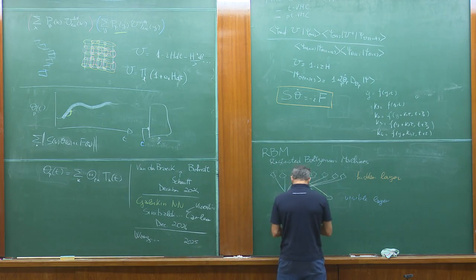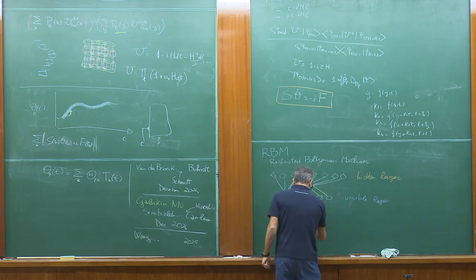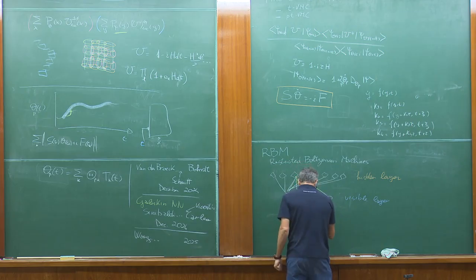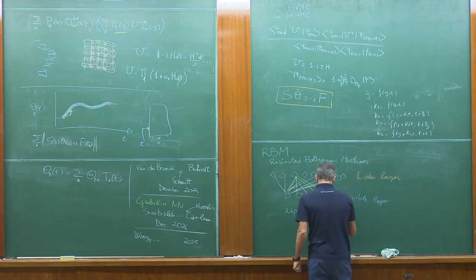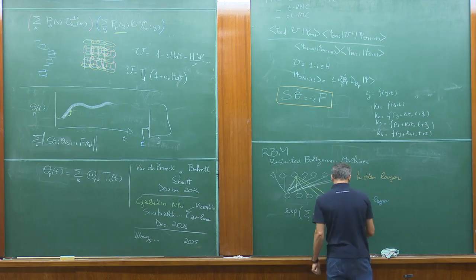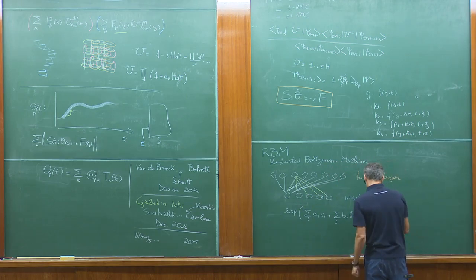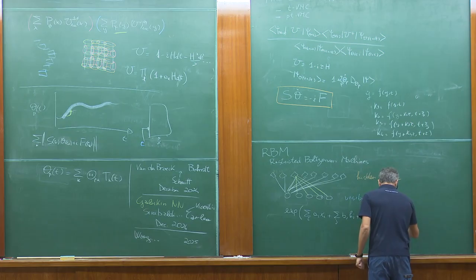Now, the function that describes this is an exponential, and then you sum over the visible layers, let's say i, of a_i x_i, plus you sum over the hidden layers, let's say j, b_j h_j, and then you sum over all i and j of h_j w_ji x_i.